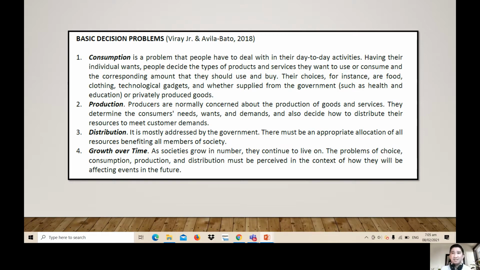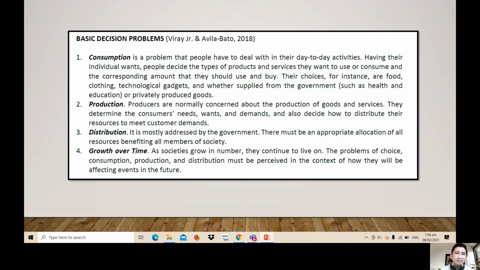So if they want to distribute it to the different cities na wala ng ganong product na yon, so they have to distribute it or allocate it fair, okay, depending on the needs, ayan, sa mga members ng society. So that's distribution. Para din, yung mga na-produce na goods and services will be distributed appropriately or allocated appropriately to the society.